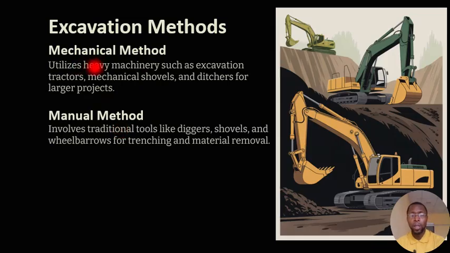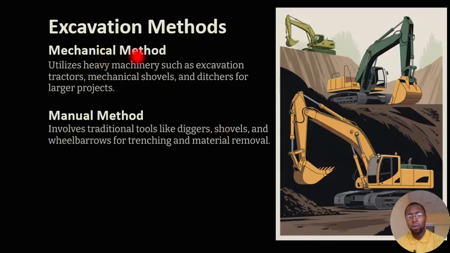When we talk about the mechanical method of excavating, we are talking about the use of heavy machineries such as excavation tractor, mechanical shovel, ditchers for larger projects. You could see this example of excavation tractor. This tractor helps in digging down to that depth of 750 millimeters, and then you can now begin to raise your foundation.